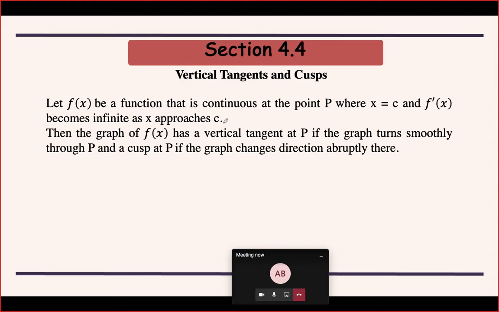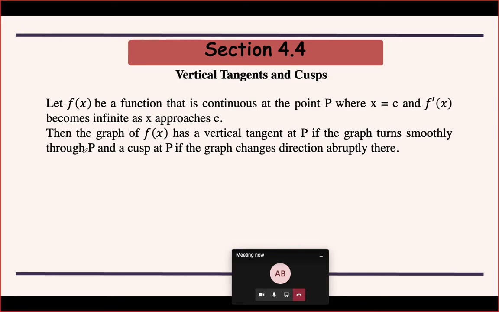If that happens in addition, you have these three conditions. One, you have a point P on the graph of the function. At that point P, the function is continuous and the derivative of the function becomes infinite as x approaches that number c. Then the graph of the function will have a vertical tangent at P if the graph turns smoothly through P. We'll see mathematically what this smoothly means.